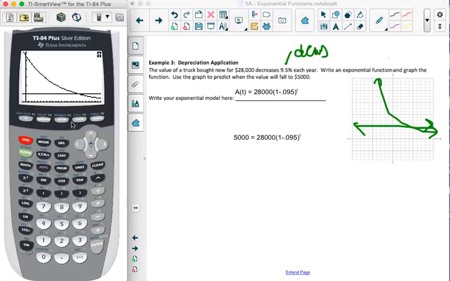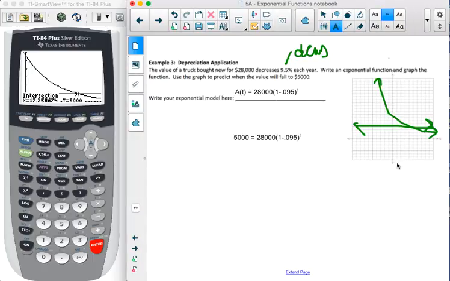So we're going to second calc. We're going to find our intersection point. 2 enters as long as you only have 2 curves in there. I can move my cursor a little bit more. And it looks like 17.258, 5,000. So when will the value fall below 5,000?